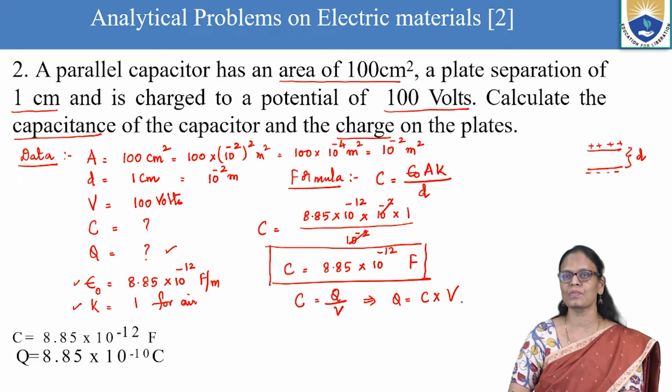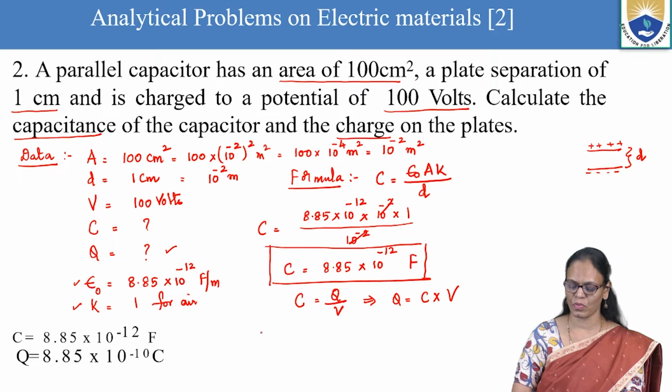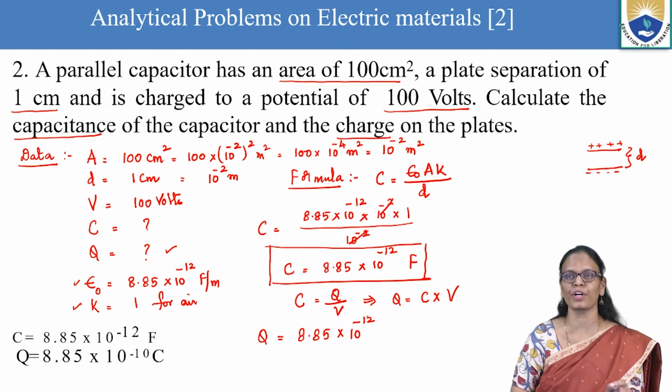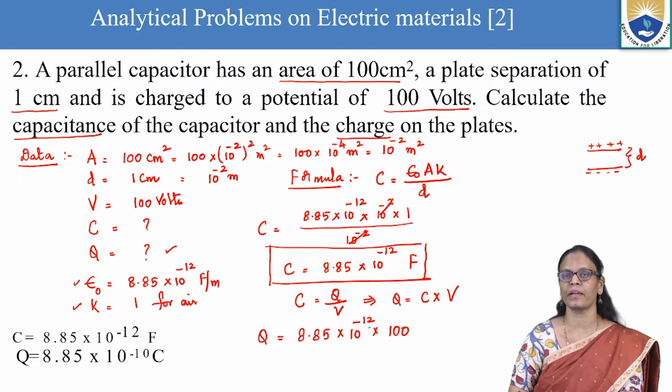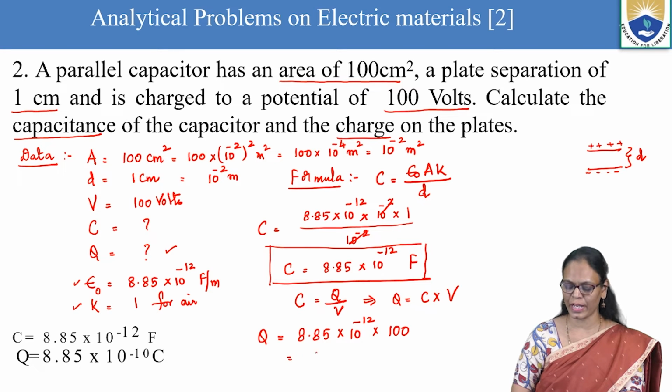So Q is equal to C into V. We now substitute the values of C and V. So 8.85 into 10 power minus 12, this is what we got for capacitance, multiplied by the voltage, that is 100. So 10 power minus 12 into 10 power 2. So we get the charge to be 8.85 into 10 power minus 10 coulombs.